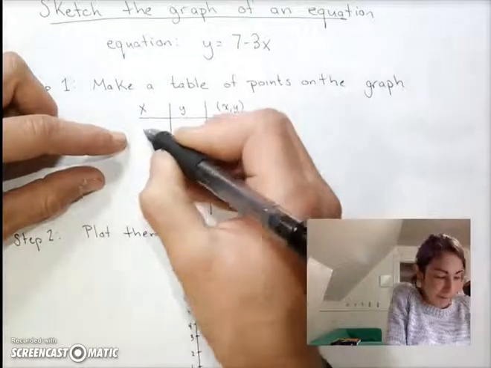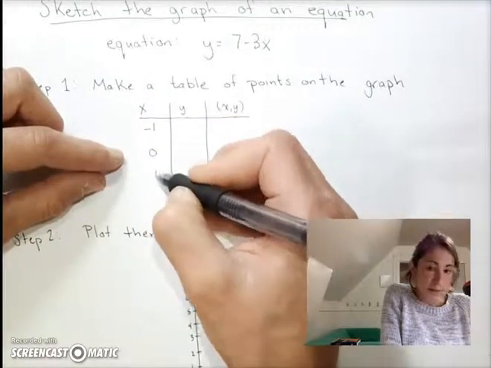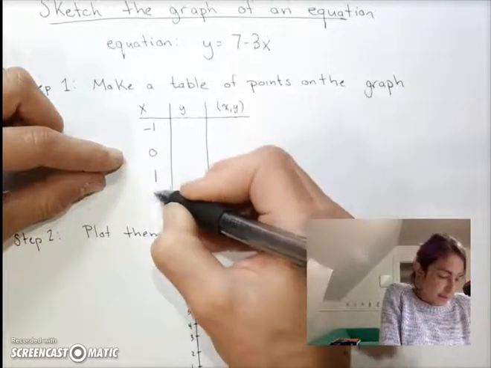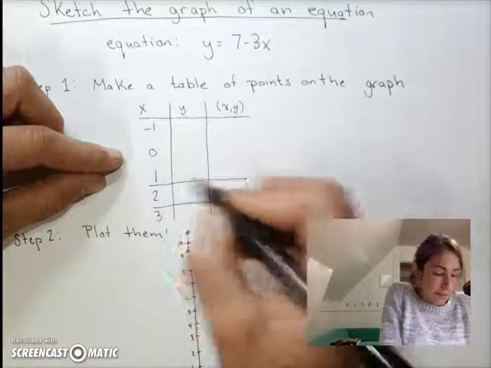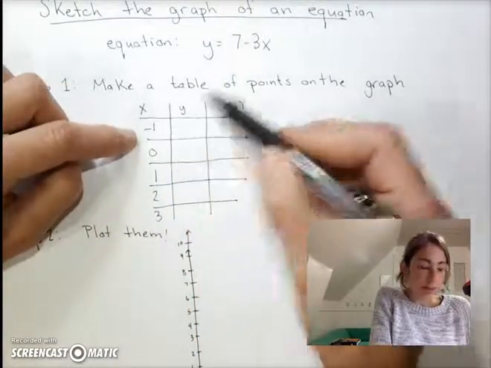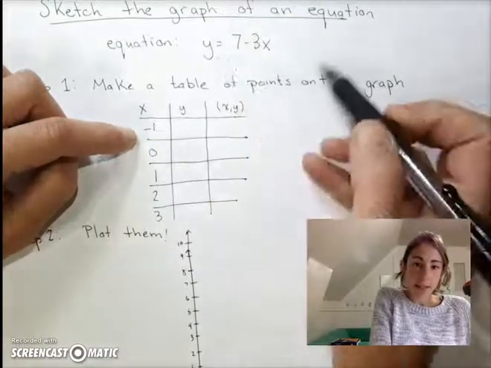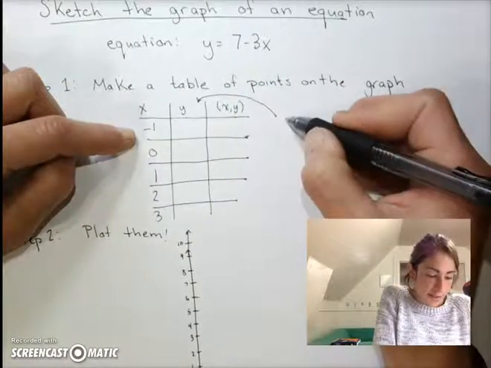So for example, if I choose my x values to be -1, 0, 1, 2, and 3, basically what I'm doing is I'm saying if x is -1, what does y have to be to make the equation true?